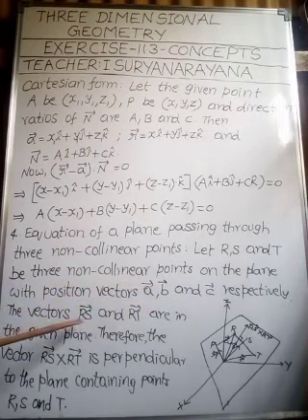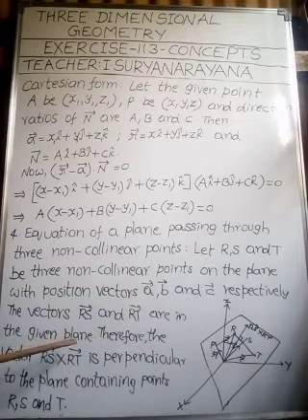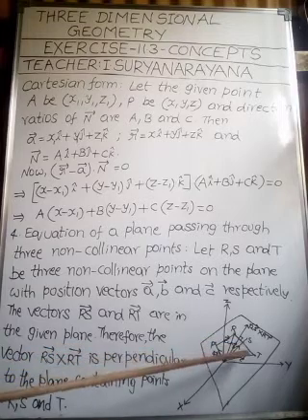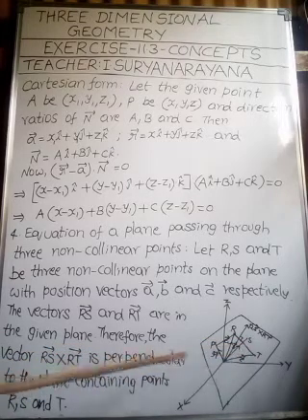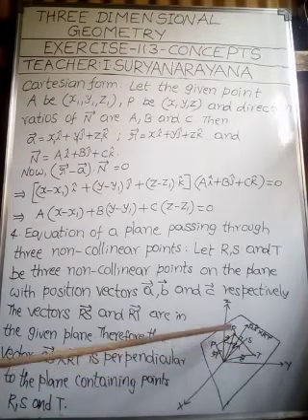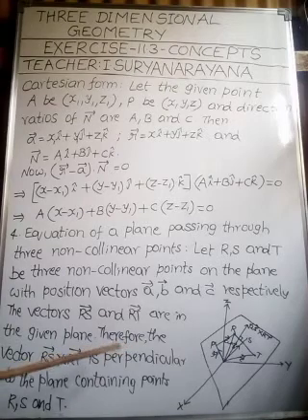The vectors RS bar and RT bar, these two vectors are lying in the same plane, because all these three points are in the plane. So RS bar and RT bar also lie in the same plane. Yes or no, my children? Right.